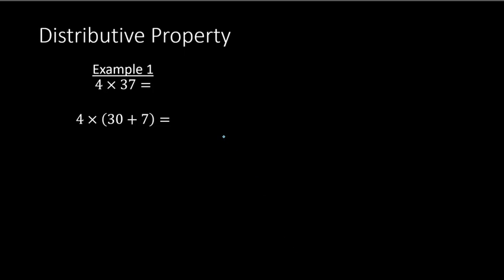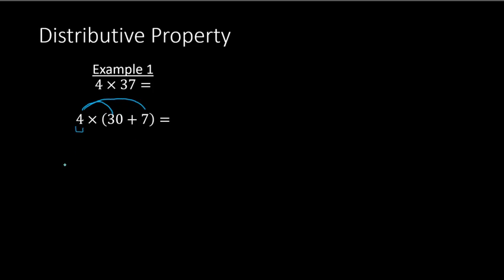And then your distributive property says that we can take the 4 out in the front of the parentheses, we can multiply it by the 30, and multiply it by the 7. We are distributing or sharing the 4 to everything in the parentheses. Right, and the word distribute has the idea of sharing. So we're sharing the 4. It's going to be shared with both of the numbers in the parentheses.